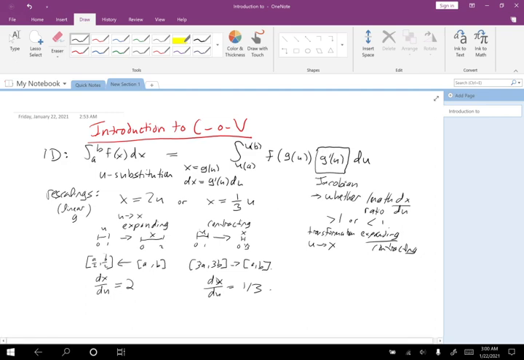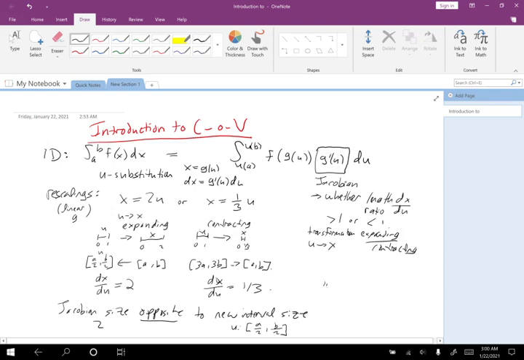And I should note that, just so you don't make mistakes in the transformation, the Jacobian size is opposite to the new interval size. So for example, 2 as the Jacobian, it turns out our new interval in u space is half the size of the original interval.